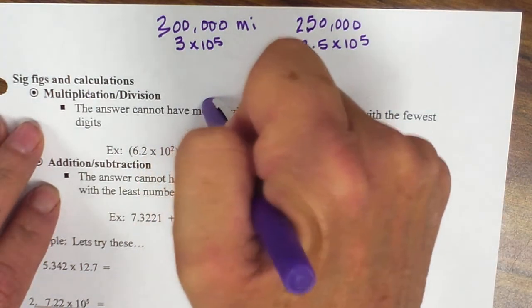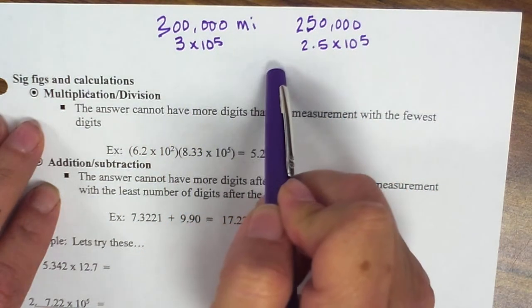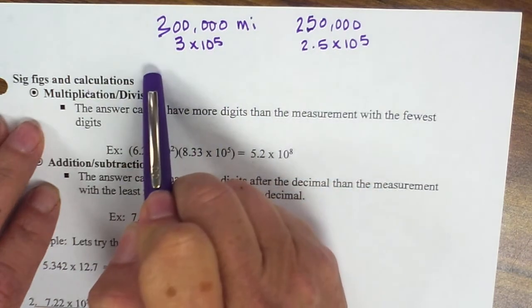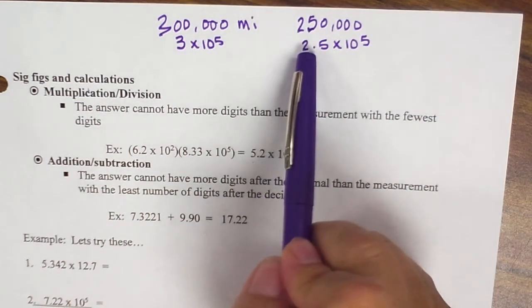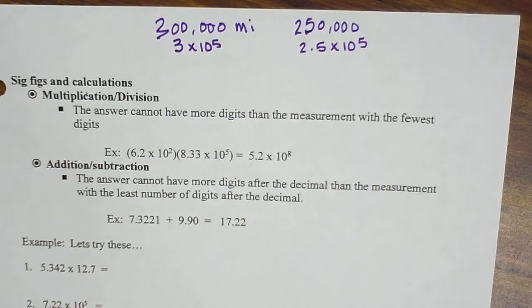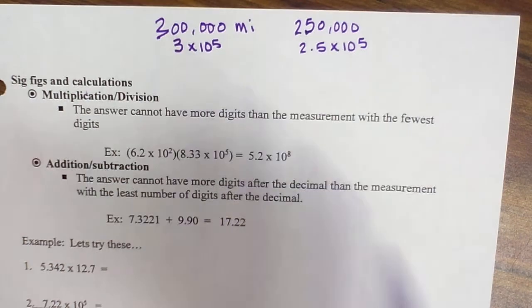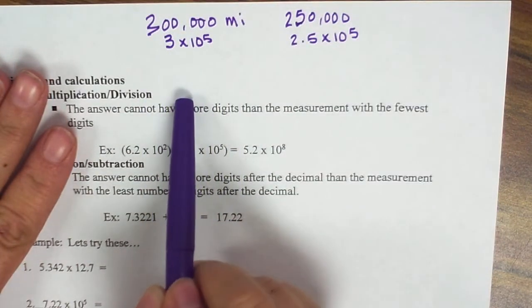One calculation would be less precise than the other, because this calculation was rounded off to the 100,000 place, and this calculation was rounded off to the 10,000 place. So this calculation was way less precise. There is a way greater range where that measurement might fall.